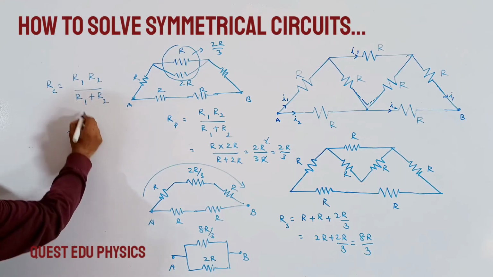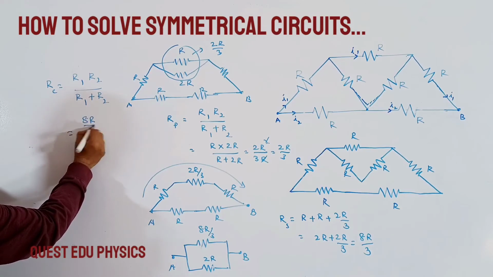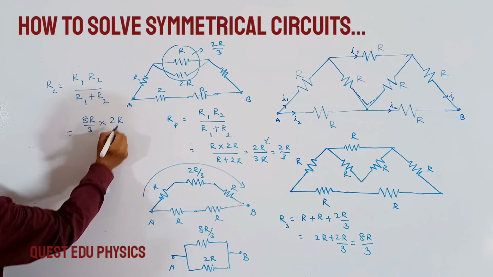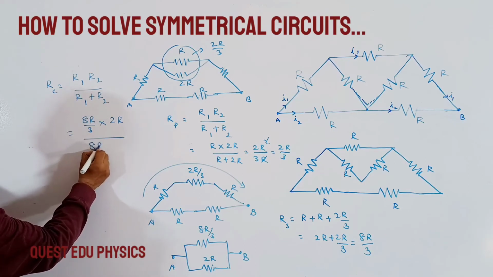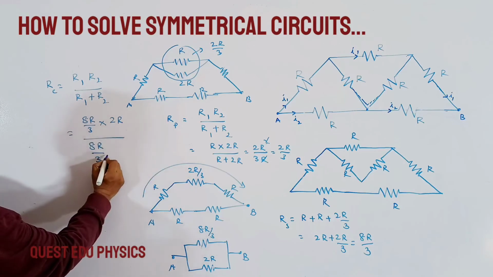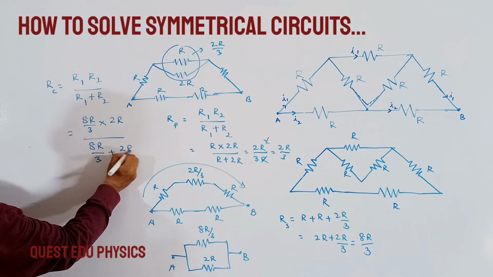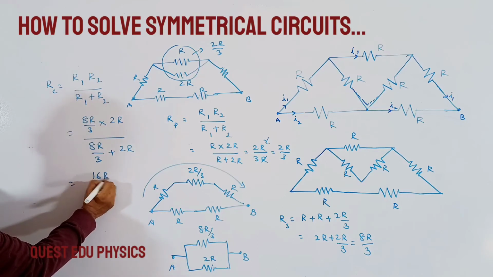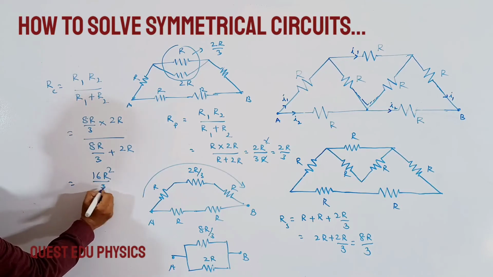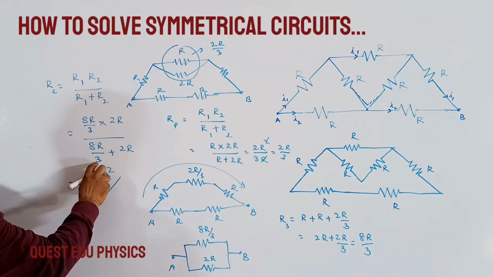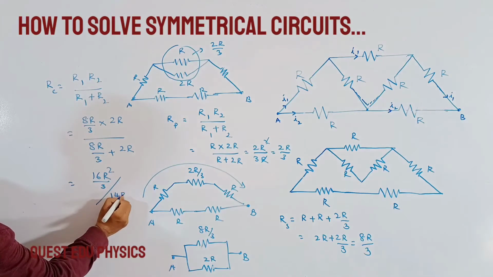Then we get 8R by 3 into 2R, divided by 8R by 3 plus 2R. And finally we get 16R squared by 3 divided by 14R by 3.